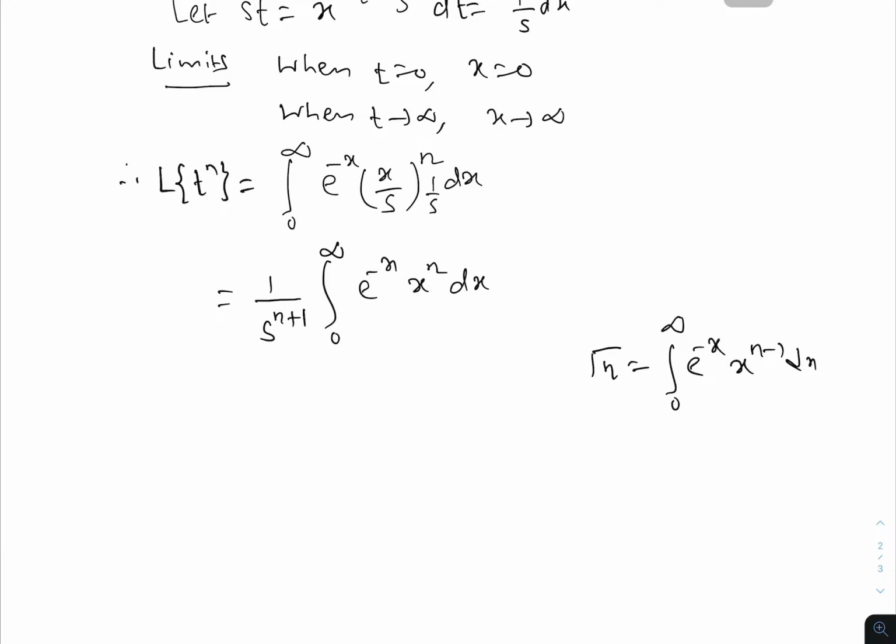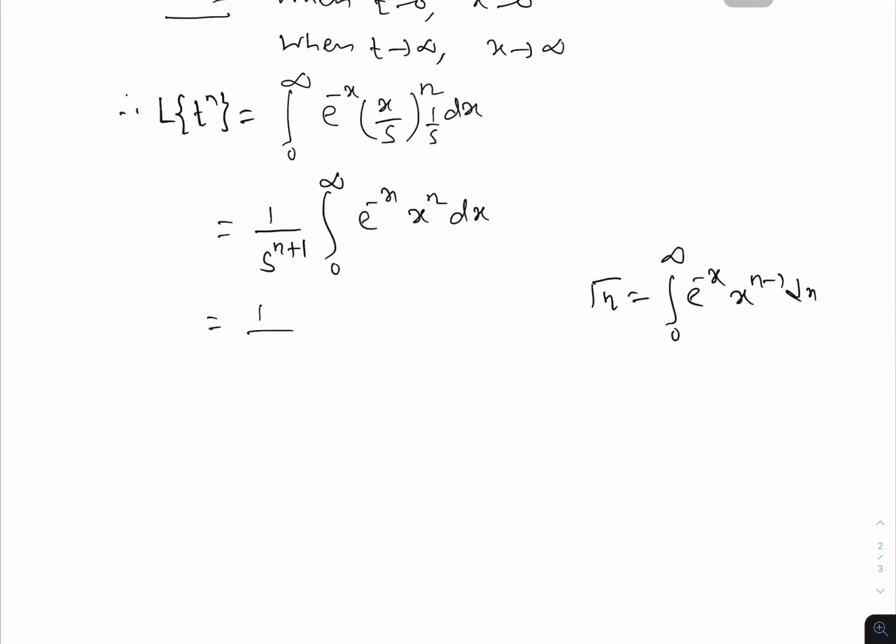So what we can write here is 1 over s to the power n plus 1 times the integration from 0 to infinity of e power minus x, x power n plus 1 minus 1 dx, so that now we are having this in the same format.